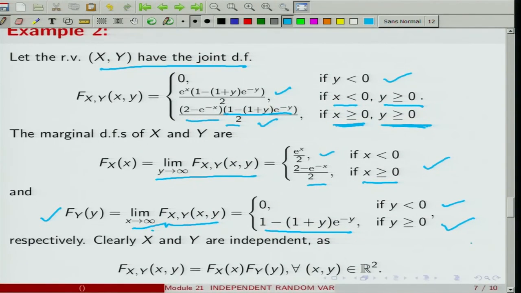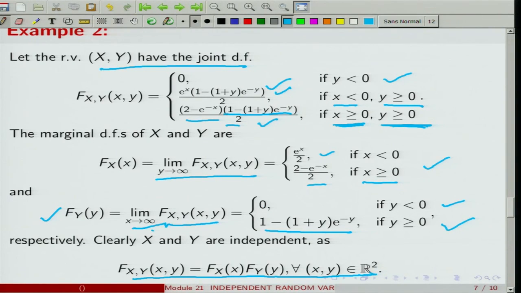Now, you can clearly see that F_XY(x,y) in this case is the same as the product of F_X(x) and F_Y(y). For example, if y is less than 0, then clearly this is 0, irrespective of what x is. And similarly, you can see in the other branches, if x is less than 0 but y is greater than or equal to 0, then e to the power x by 2 multiplied by this quantity, which is the same as this quantity.